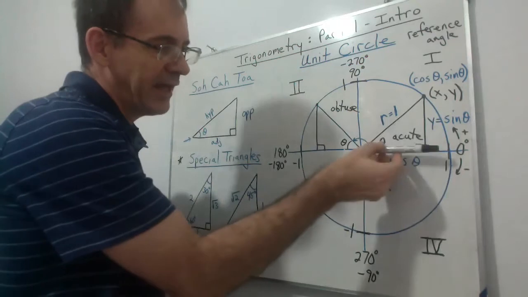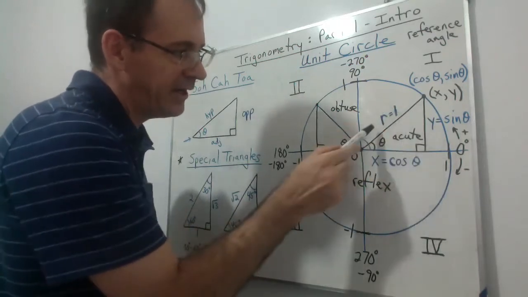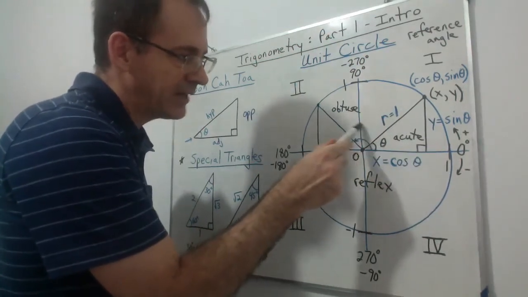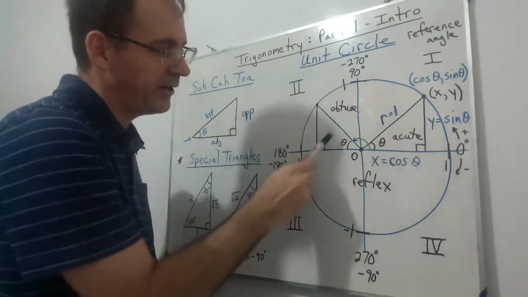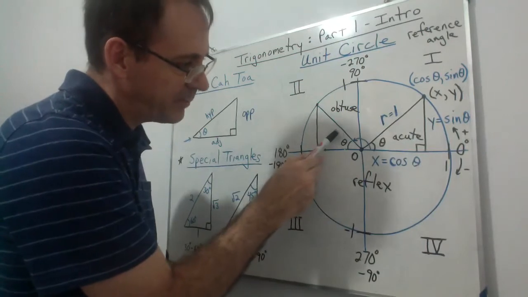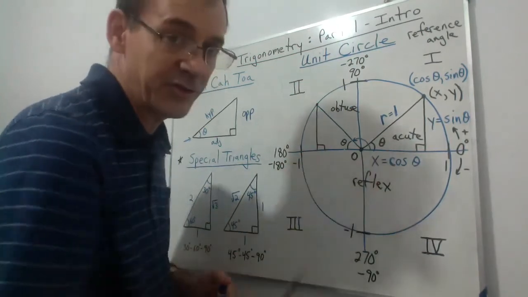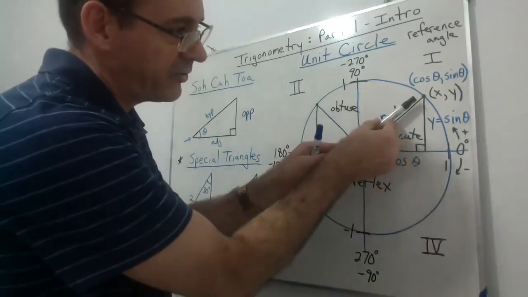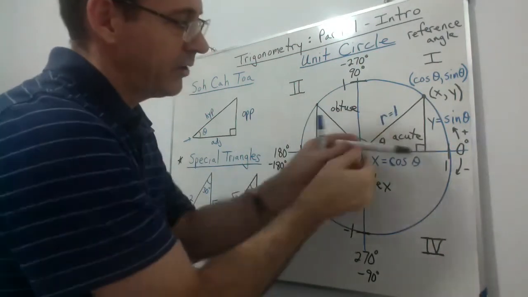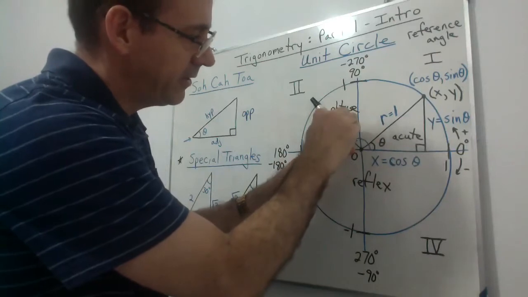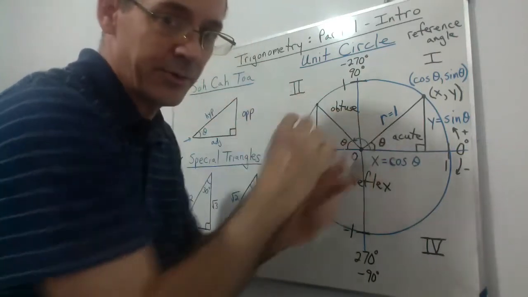So if you say acute is from here to here, then the reflex angle is all the way to here. If your obtuse is over to here, then your reflex angle is from here the rest of the way around the circle. So your acute stops here, the reflex is the rest of the way. Your obtuse stops here, the reflex is the rest of the way.